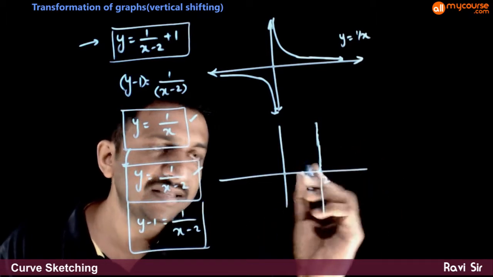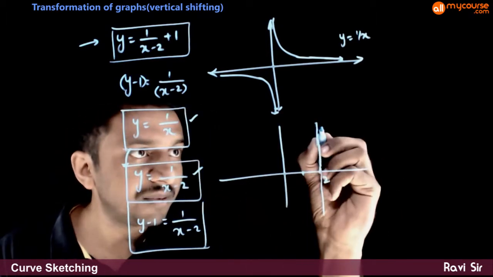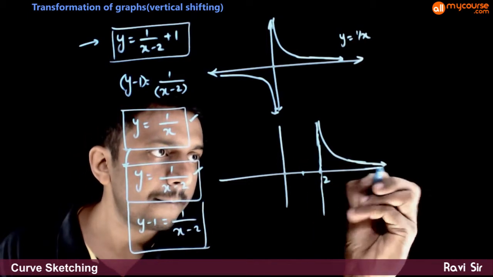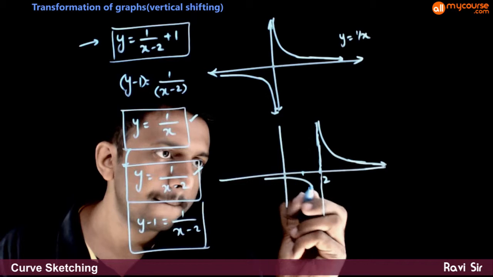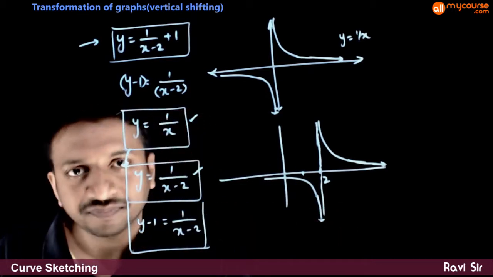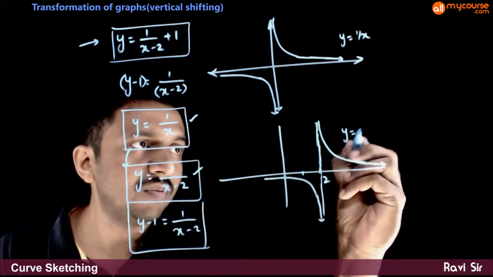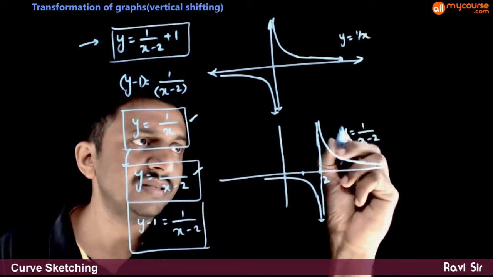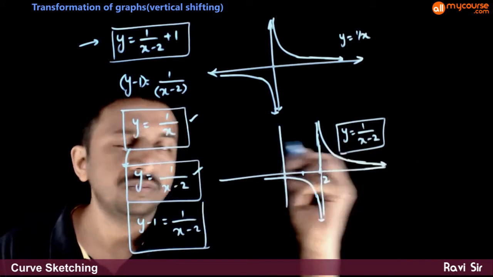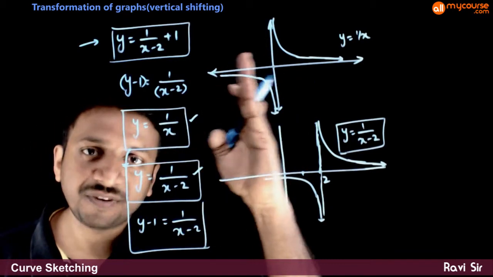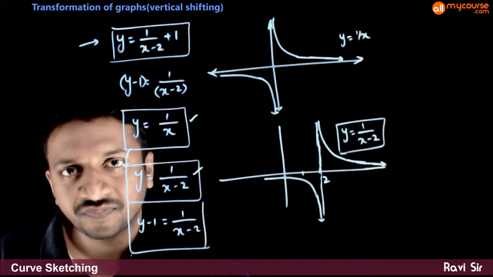So the line x is equal to 2 will be the asymptote this time. So the graph will be simply looking like this. So this is the graph y is equal to 1 by x minus 2. This graph has been shifted horizontally by 2 units.